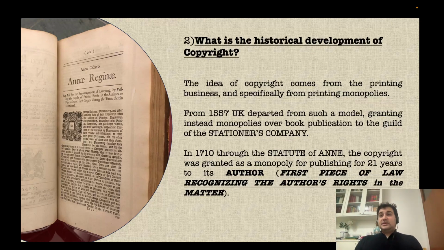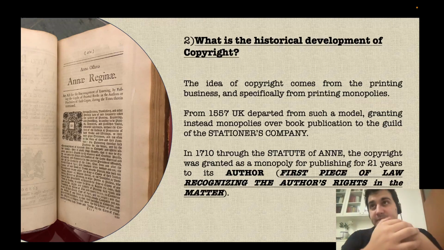Now this is really important because we're gonna see how the main components of copyright in basically all jurisdictions, that is the right of publication, the right of reproduction, the right of distribution, are deeply connected with this idea of printing, basically, so of the book printing business.